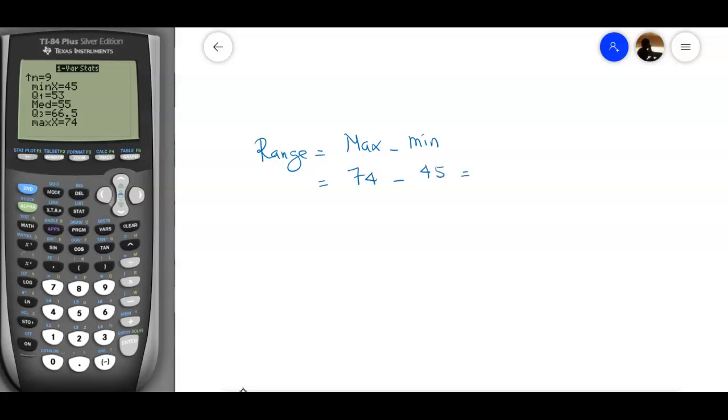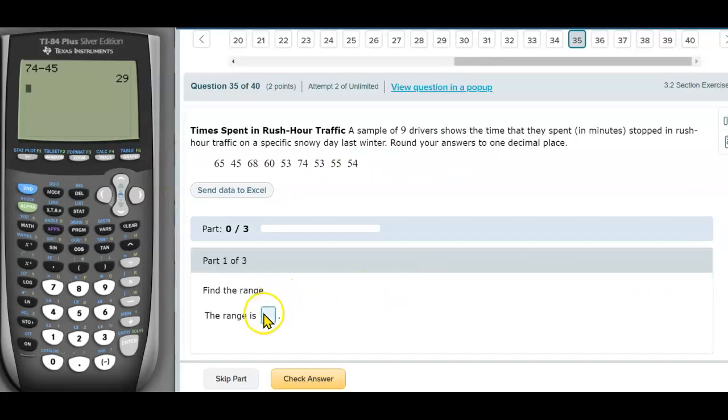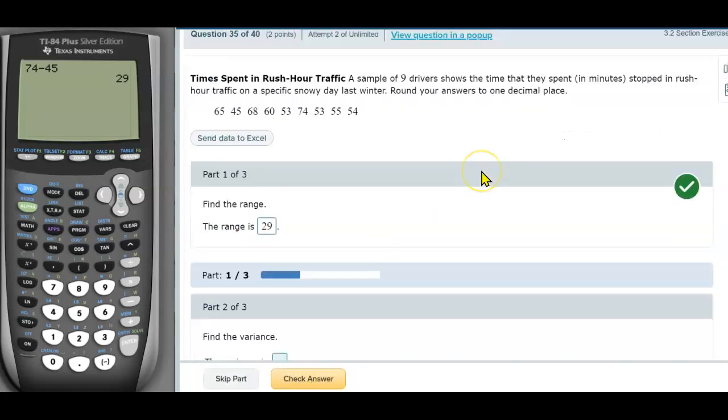I always like to use the calculator just to eliminate any mistakes, so if I go to the menu, 74 minus 45 should give you 29. Going back to plug it in, so here you're going to put 29. Check it and it's good.